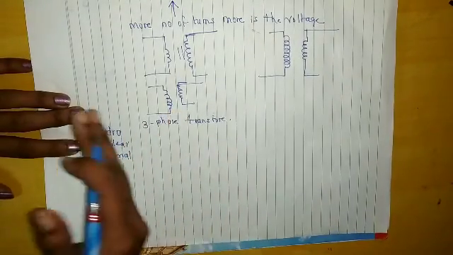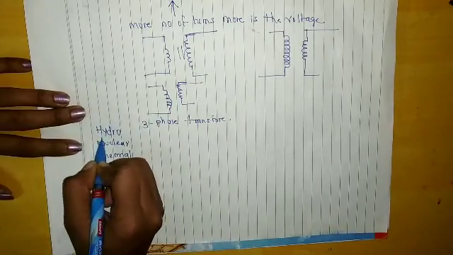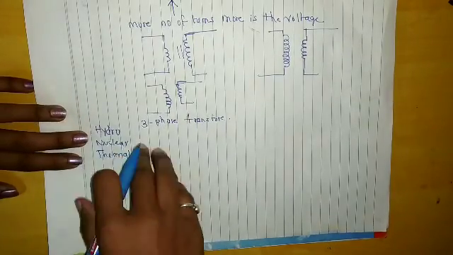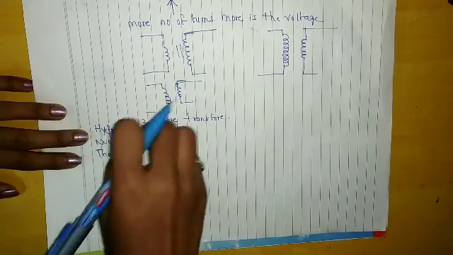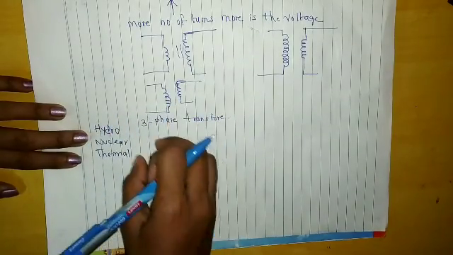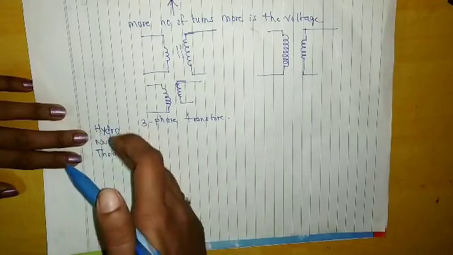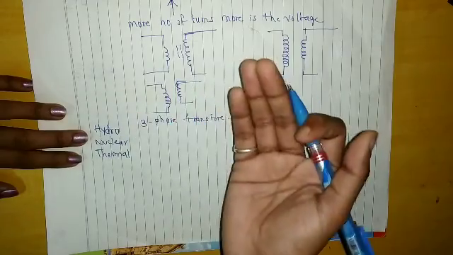You have seen this in 11th. For those students who are new, I will explain one of them: how electricity is generated. In a hydro power plant, the energy of the falling water is converted into electrical energy.